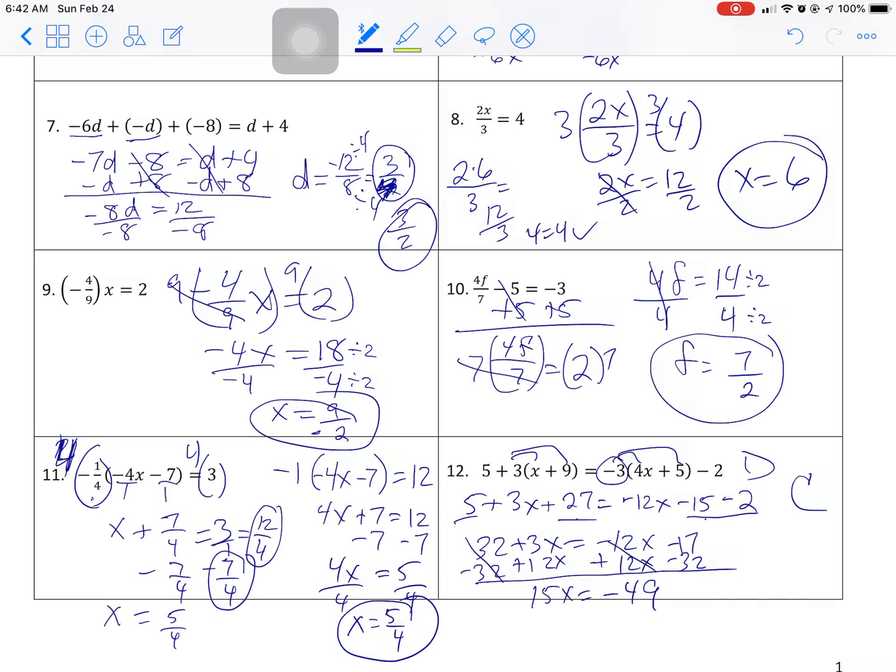Check my key. Yeah, that's what I had before. All right, this is just... And 15 is 3 and 5, and 49 is 7 and 7, so it does not reduce. So we're good.